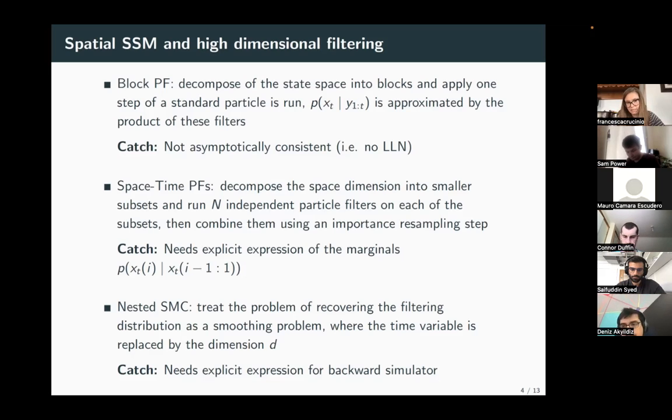But in this block particle filter, there is a bias due to the fact that you have blocks, and depending on the size of the blocks, this bias is bigger or smaller. So this was the first idea of using spatial information. As I mentioned, it's a theoretical algorithm, so it's not super surprising that it doesn't work in practice. But of course, starting from there have been other developments.